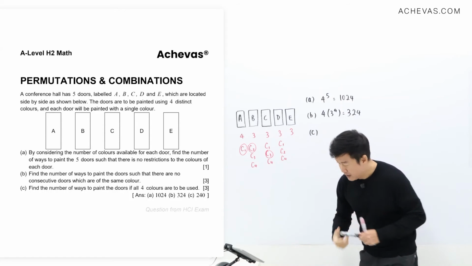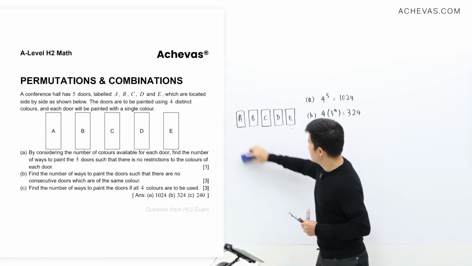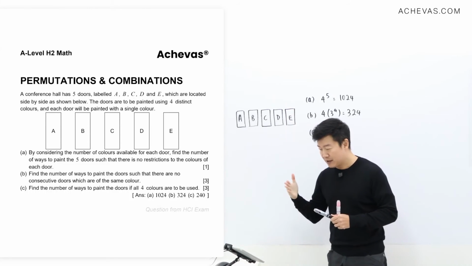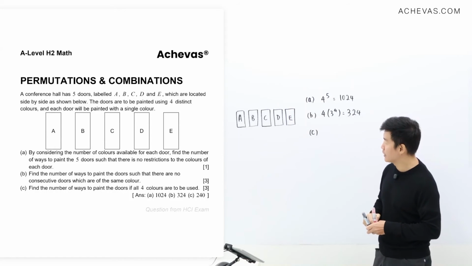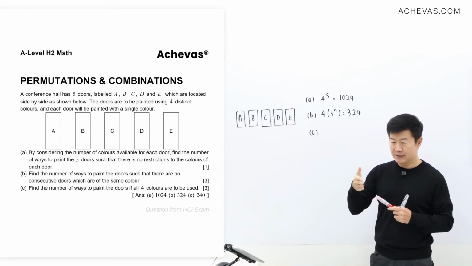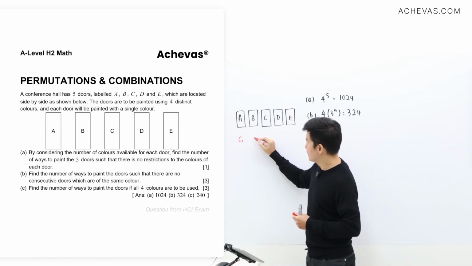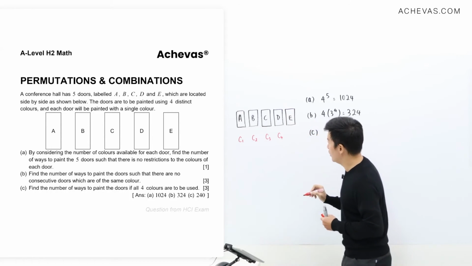And part C. For part C, we want to find the number of ways to paint these 5 doors such that all the 4 colors are used. So if all the 4 colors are to be used, for example, again, the colors are C1, C2, C3, C4, it can be like this: C1, C2, C3, C4.